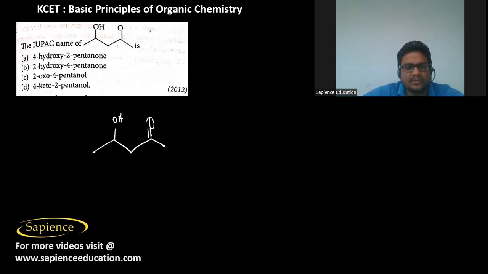This is OH. So the numbering should start from here. So it will be 1, 2, 3, 4, and 5. So it is 4-hydroxy.